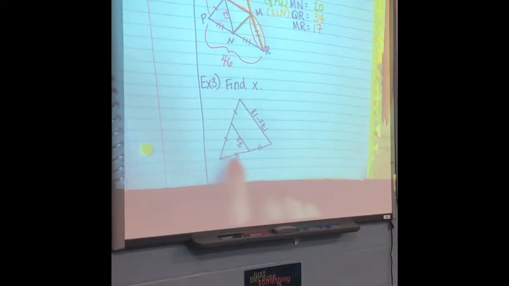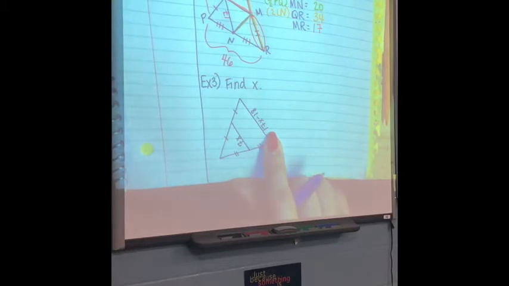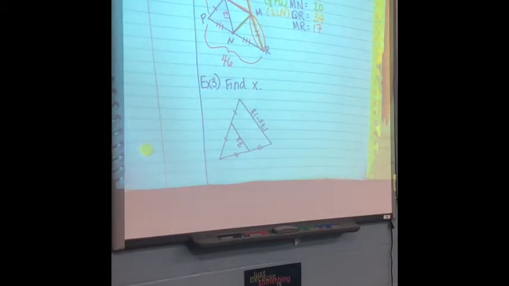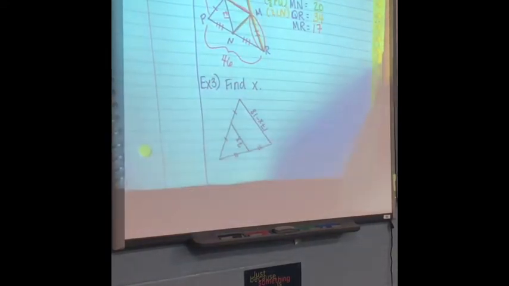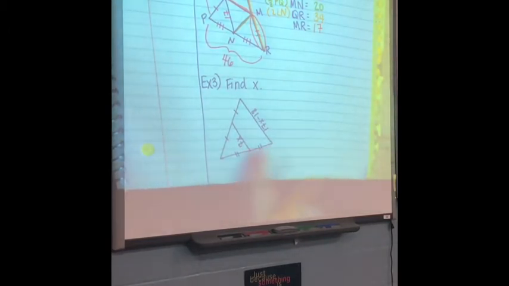I don't know. I've got 7x and I've got 17x minus 18. How might I be able to go about finding x based on the information we've just used above? What do you know about these two segments here? That 7x has to be multiplied twice to be equal to the bottom. Two of these have to equal one of these. Does everybody agree?